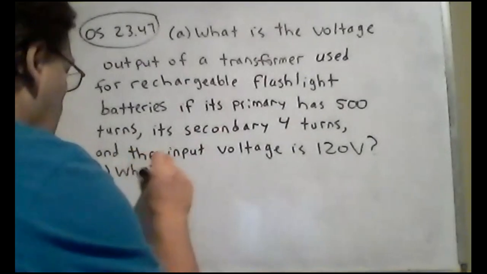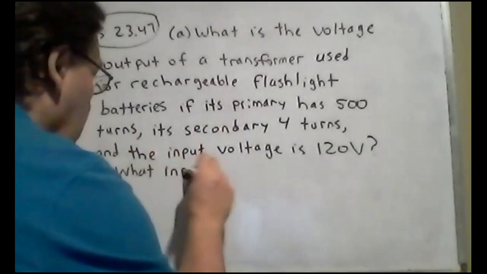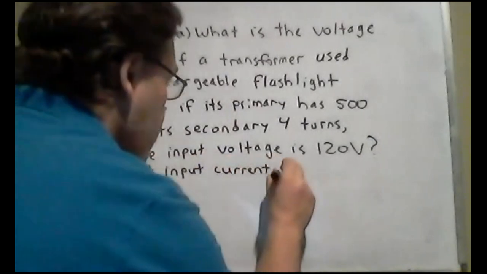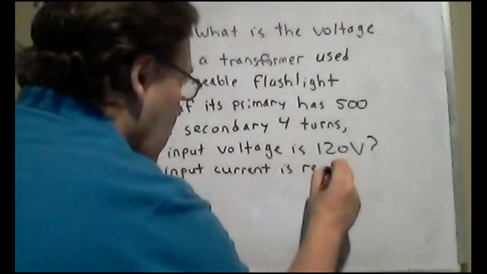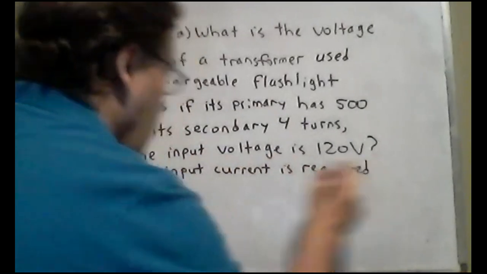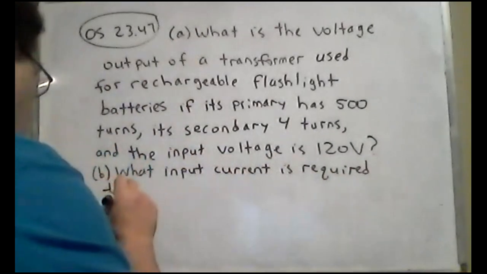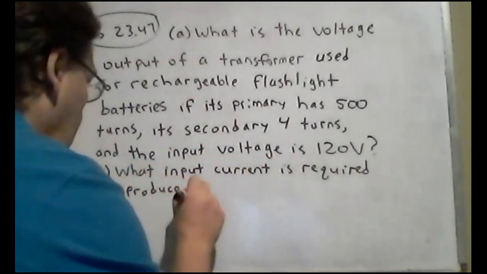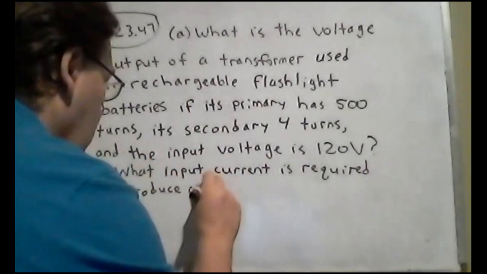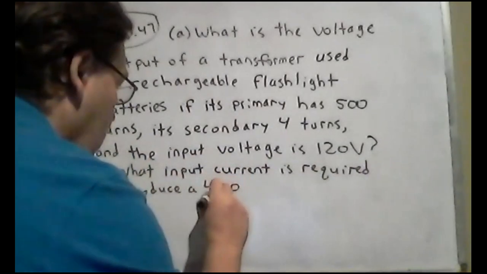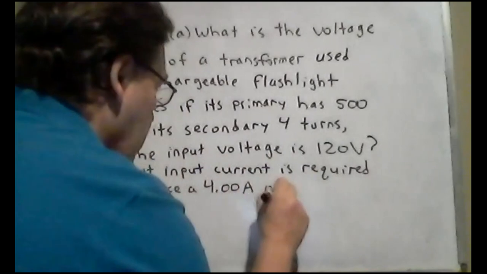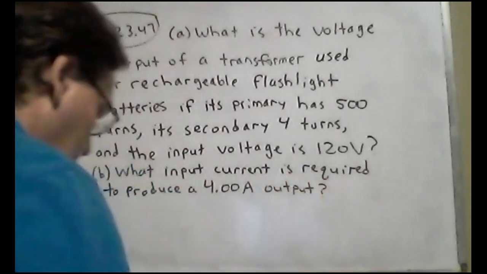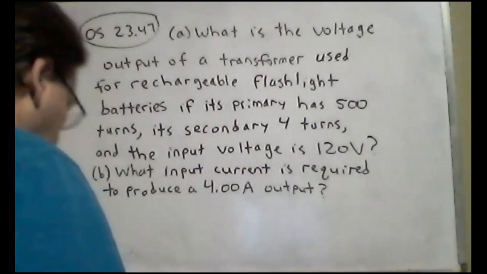So what input current is required to produce a 4.00 ampere output? And then finally, C, what is the power input?